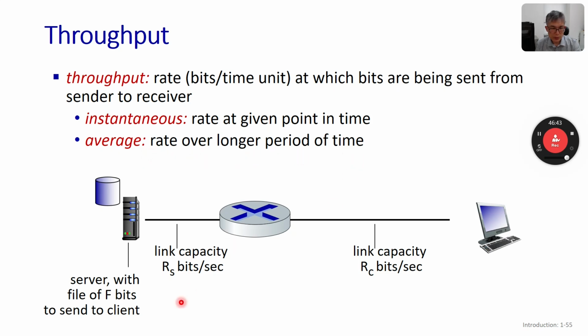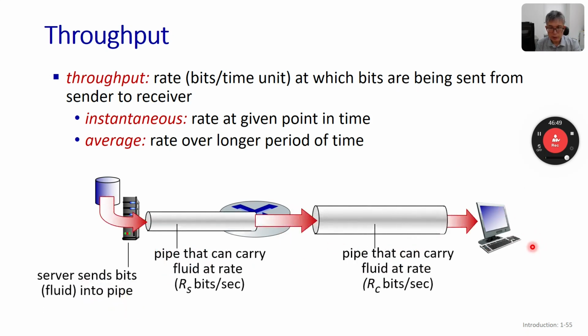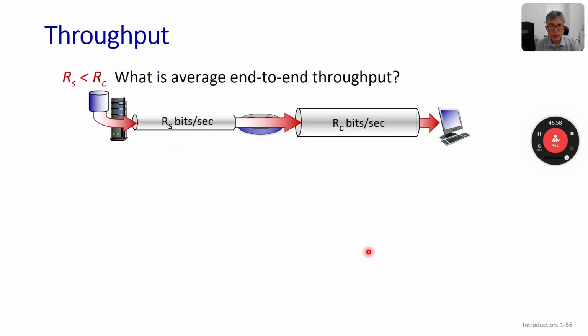So this is the server, this is the router, this is the link, and this is the host. This link is a kind of pipe, a narrow link, and this is a wide one. In that case, the server link is less than the client link.